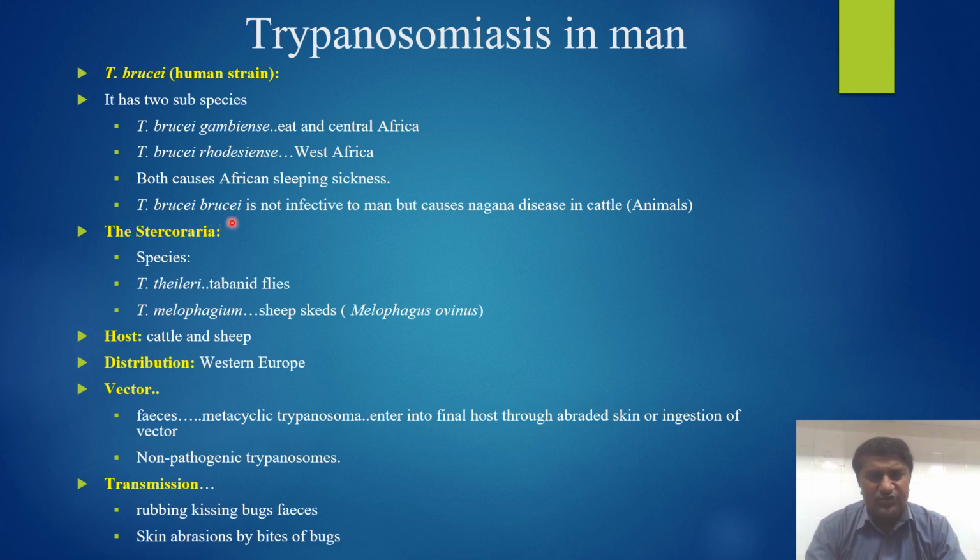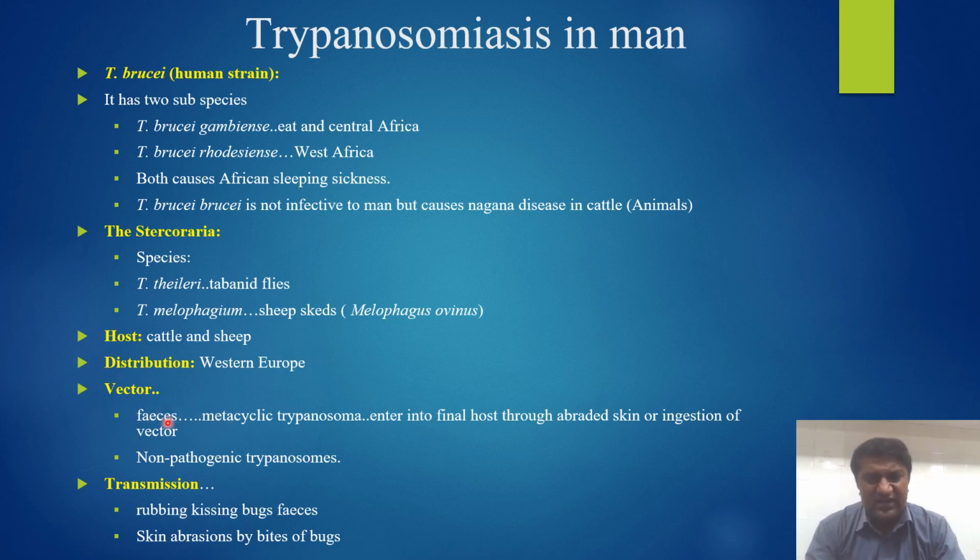Trypanosoma brucei brucei is not infective to man but causes Nagana disease in cattle, in animals especially. In the Stercorarian group, the species Trypanosoma theileri is transmitted by the tabanid fly, and Trypanosoma melophagium, of sheep, by Melophagus ovinus, host cattle and sheep, distribution West Europe, and the vector feces.